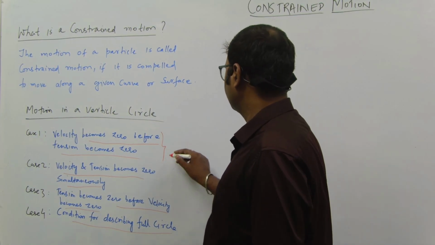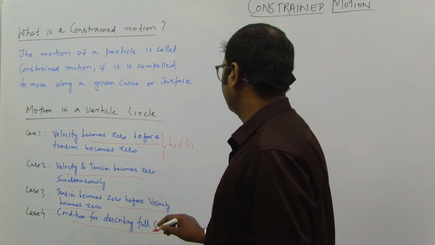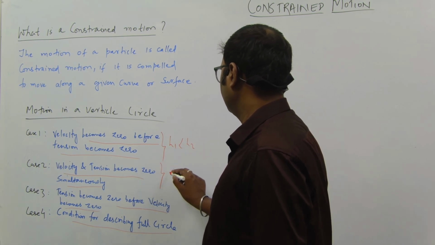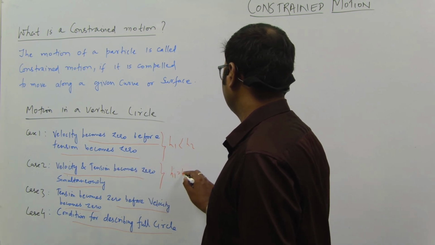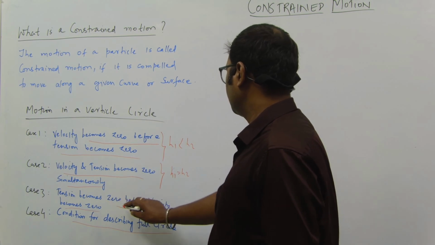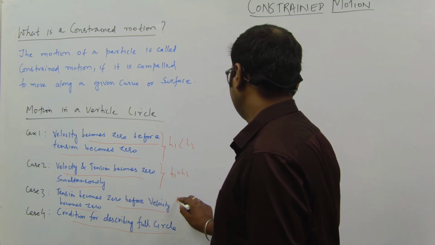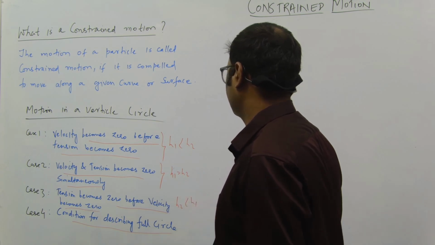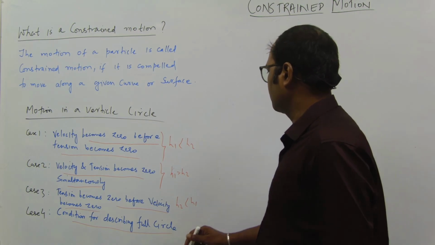So in this case we had h1 is less than h2. And here we have velocity and tension becoming 0 simultaneously, so we have h1 equal to h2. Tension becomes 0 before the velocity becomes 0, so we have h2 less than h1. And this is the condition for describing the full circle.